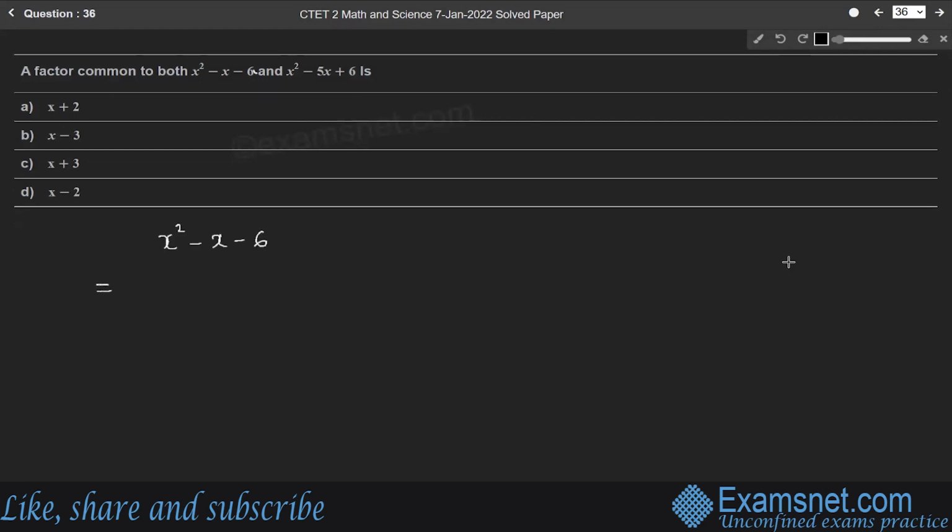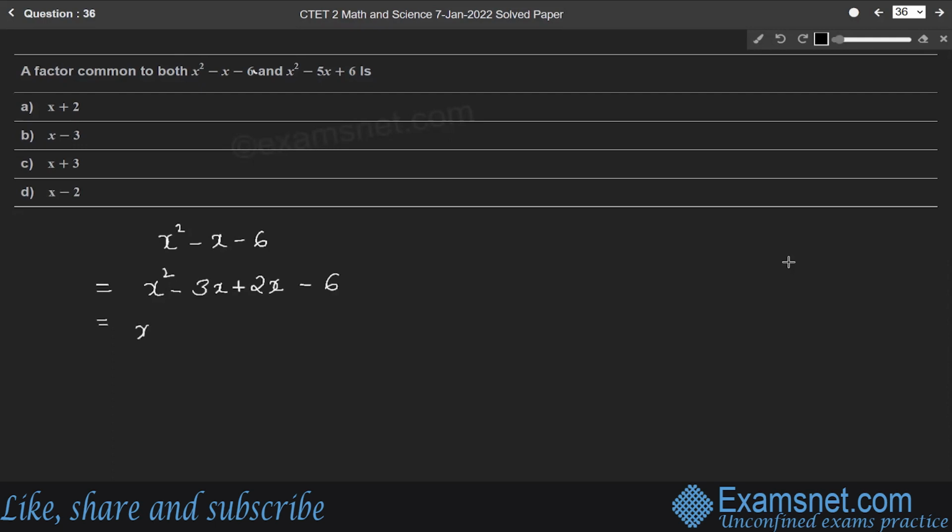Let us find the factors by splitting the middle term. Minus 6, here it is minus 3x plus 2x, which becomes minus x. So minus 3 and 2. Minus 3 into 2 becomes minus 6.